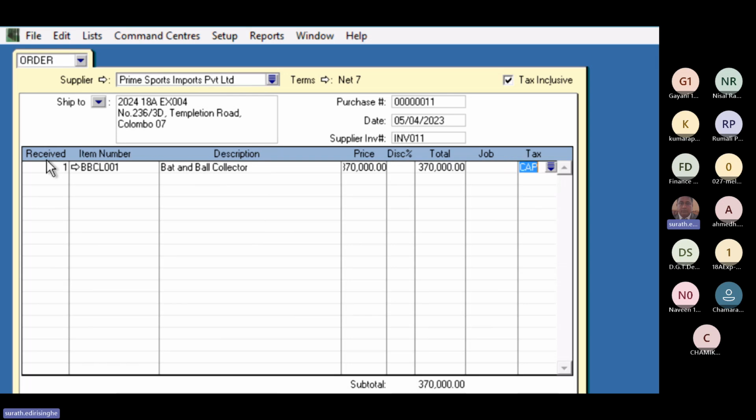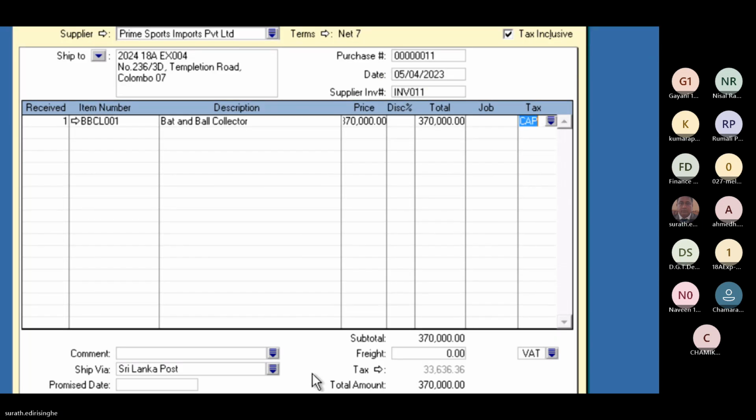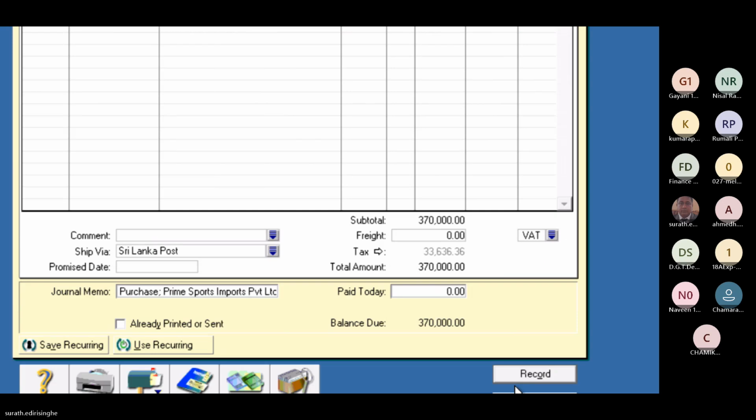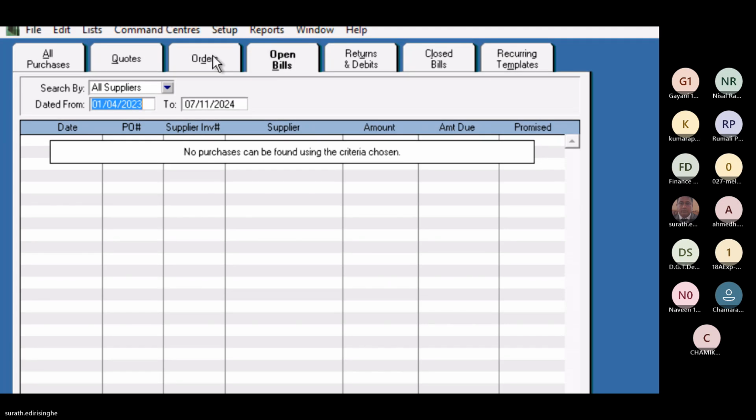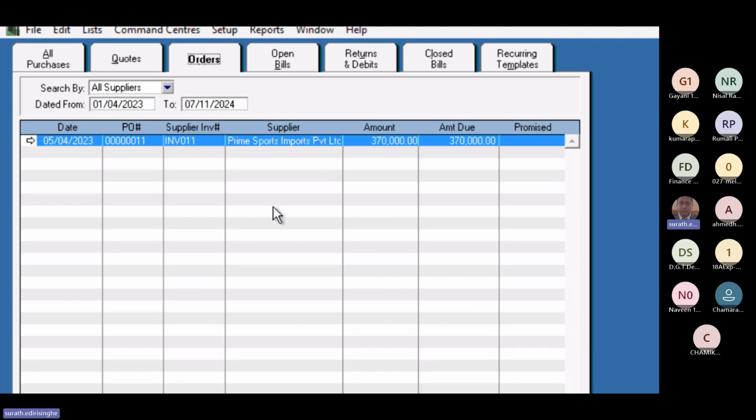Otherwise, mistakenly I type 10 items. Right. Then record. Go to the register. Order status.